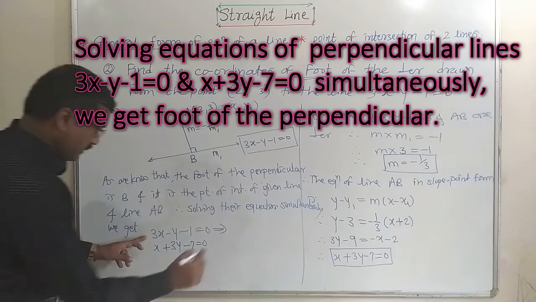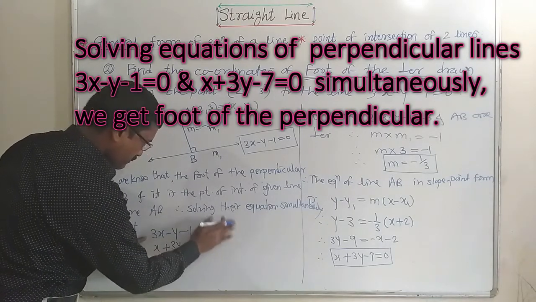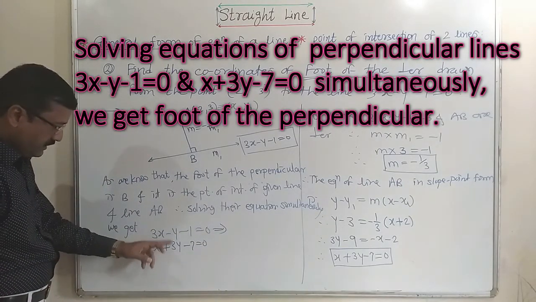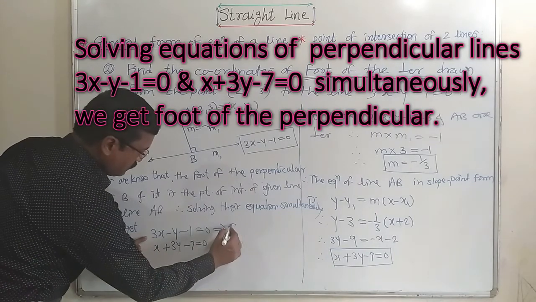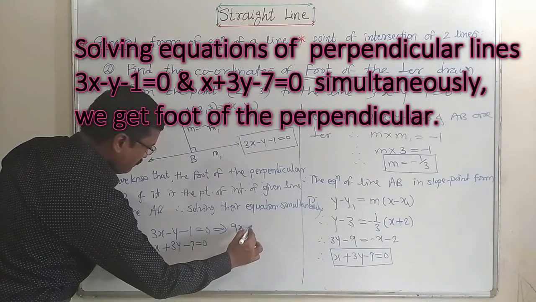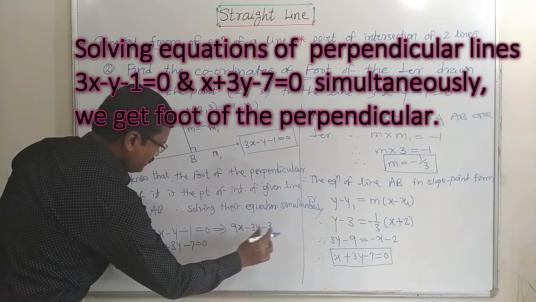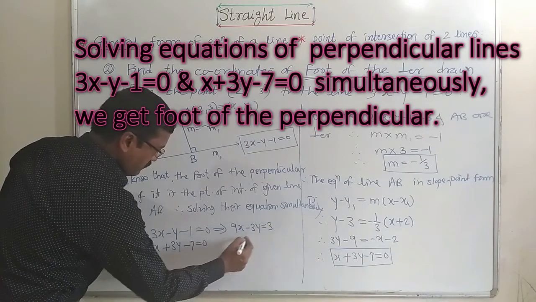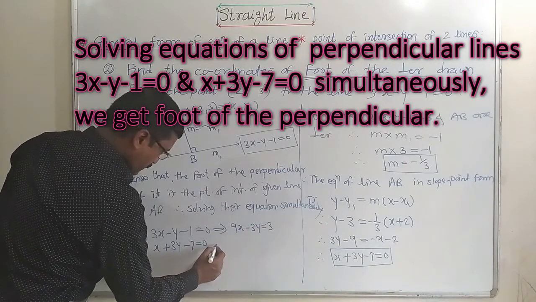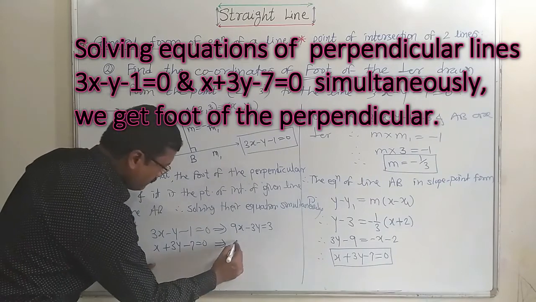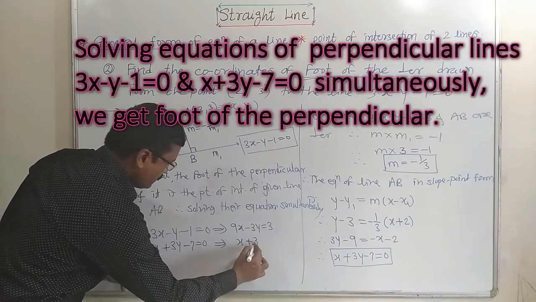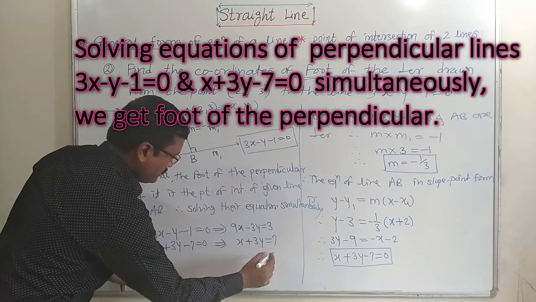This implies, multiplying the first equation by 3, we get 9x minus 3y minus 3 equal to 0, or 9x minus 3y equal to 3, and this equation remains as it is, that is x plus 3y equal to 7.